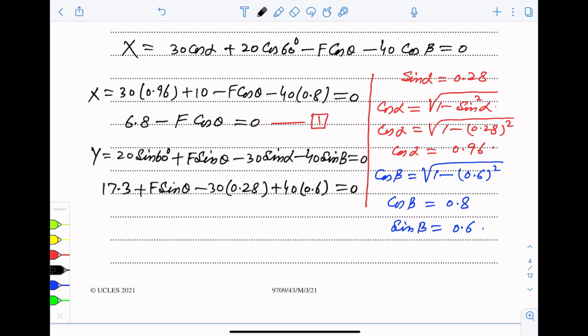After further simplification, we get F sin theta is equal to 15.1. Let this be equation number 2.